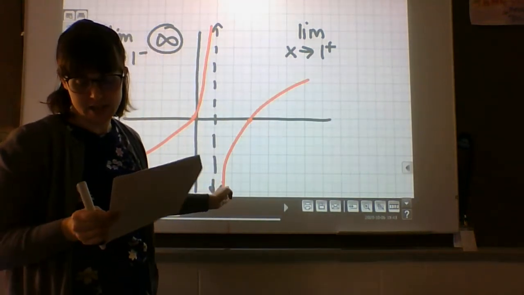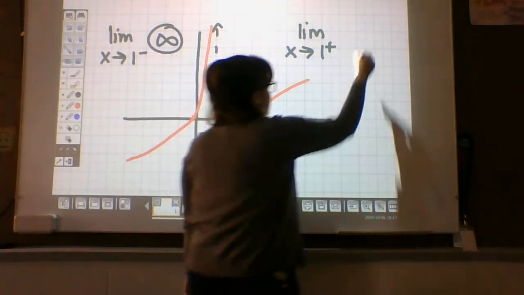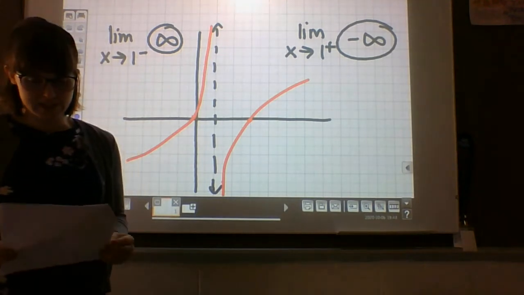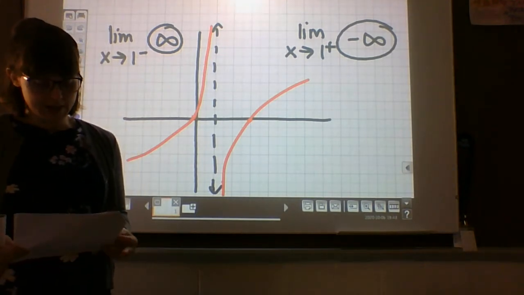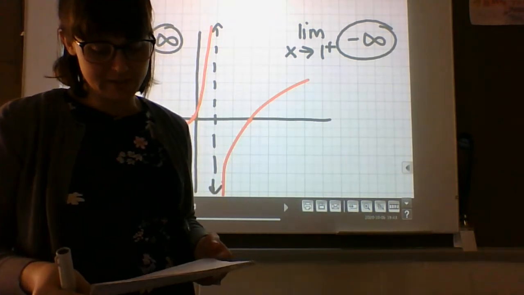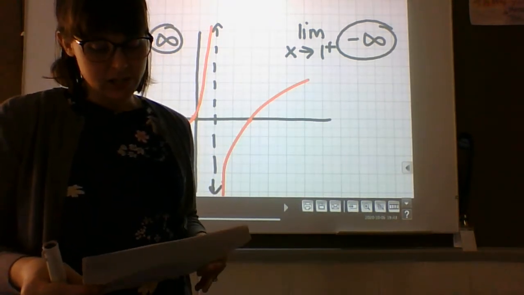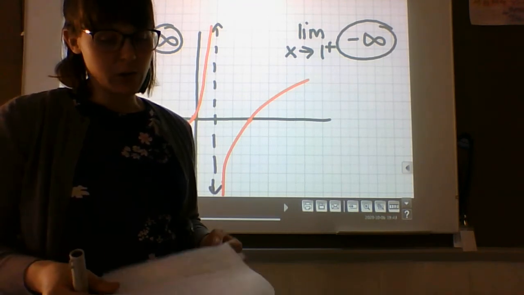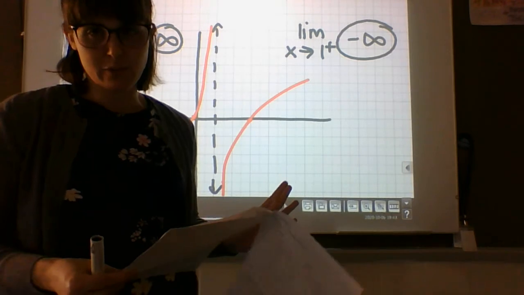So that means the limit is negative infinity. Okay, so that's example 4. Now, there's a box here that says Theorem 1.15, Properties of Infinite Limits. So you can read that over if you like. Okay, we're going to turn the page and look at example 5.